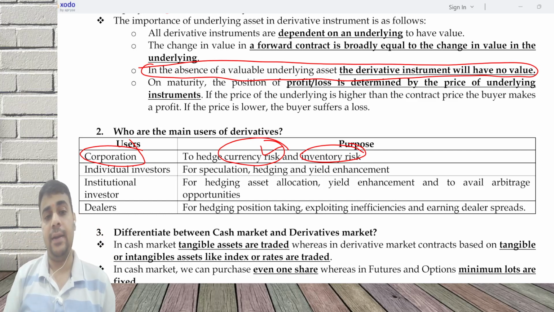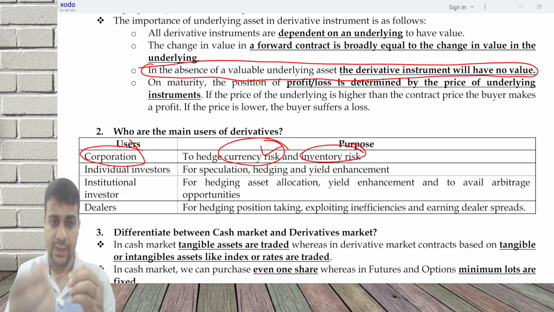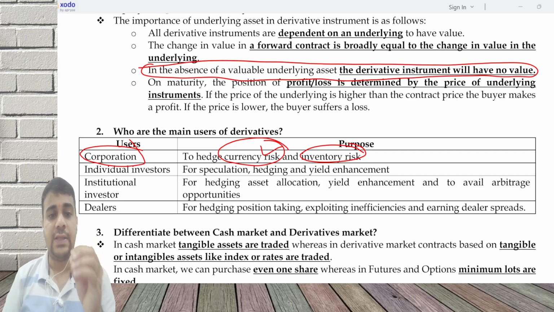Cash market: today you want to buy, let's assume, 1 kg of copper. You will go to a shop, give them 500 rupees, get 1 kg of copper. That is a cash market, where tangible assets are traded.